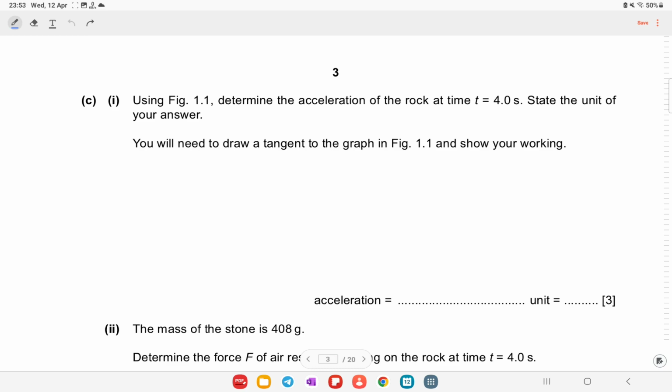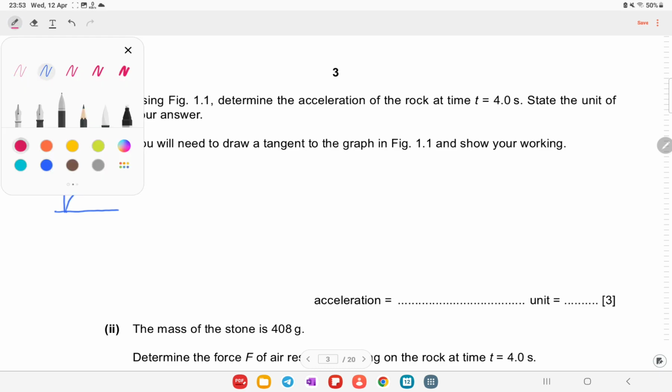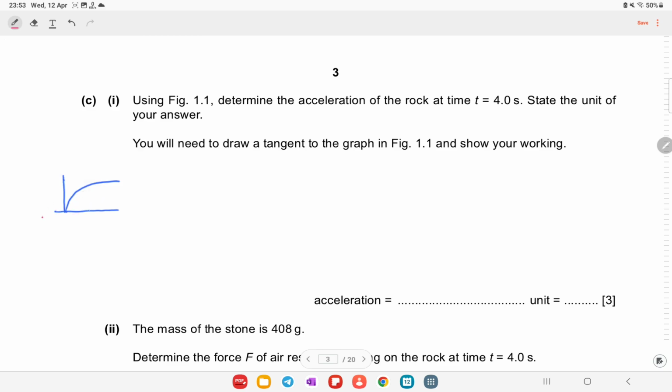Okay, so what you are going to do is, if this is your graph and the graph is like this, you are going to draw a tangent at t equals 4. Let's suppose this is your 4. So this is going to be your tangent drawn on that curve, and the coordinates for these are going to be 0 and 10.